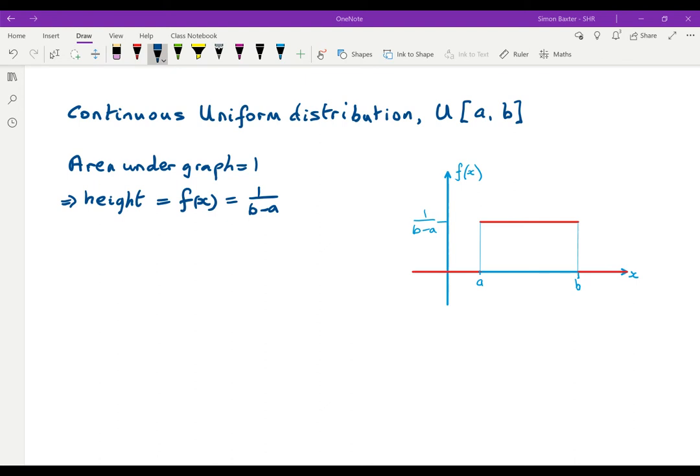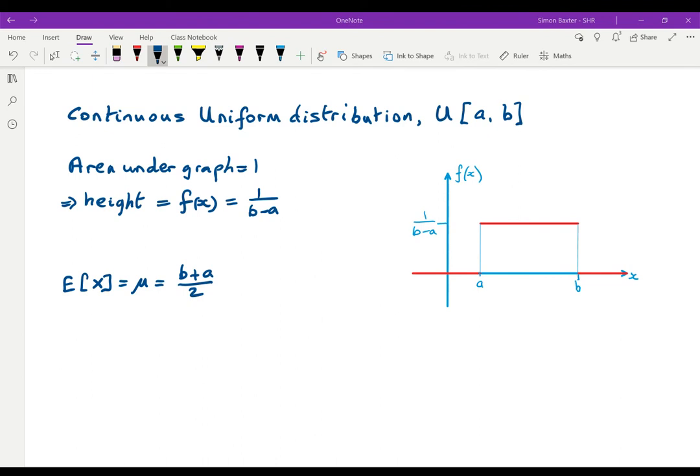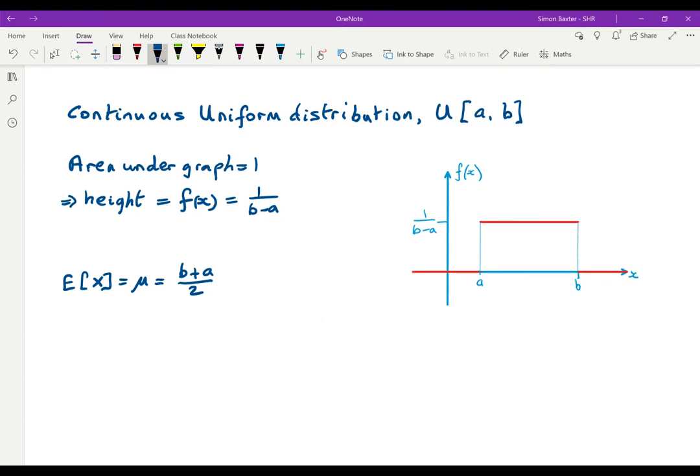So the expected mean, which we often call mu, is in the middle. That's B plus A divided by 2. We could work this out, the integral of x f(x) dx between A and B, and you would get exactly the same thing. You would get B plus A upon 2.